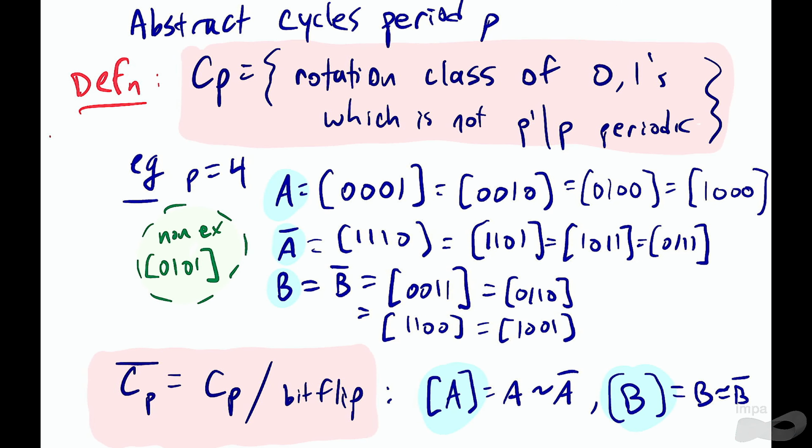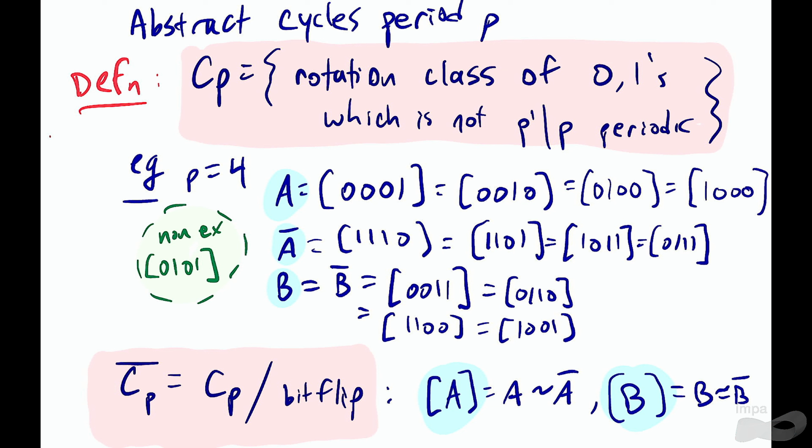And before I state the main theorem, I want to quickly introduce a little bit of notation. If you're more familiar with combinatorics, these are also known as Lyndon words, and these also count the number of degree p irreducible polynomials over the finite field F2. But basically what we're going to call C_p is all of our strings of zeros and ones which are not reducible to a smaller chunk.